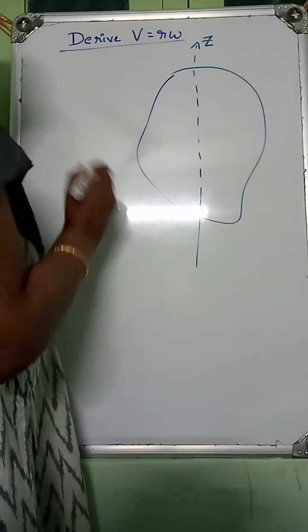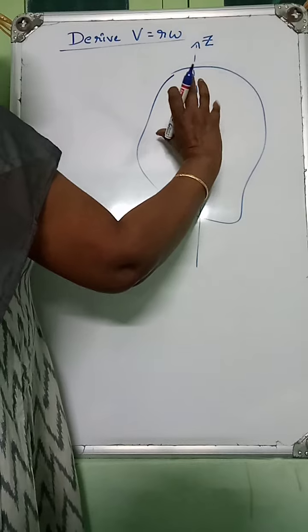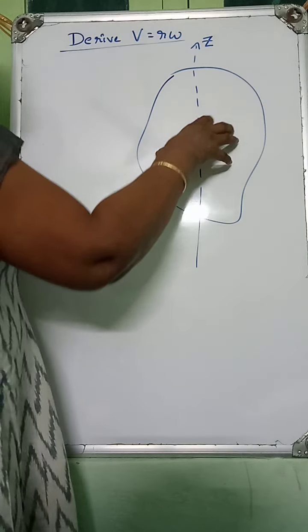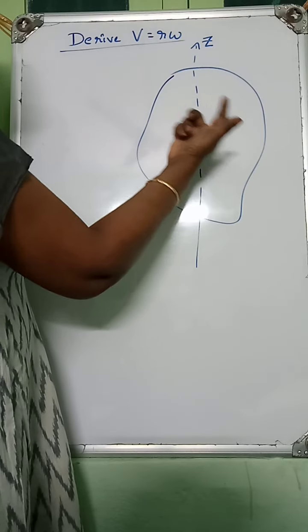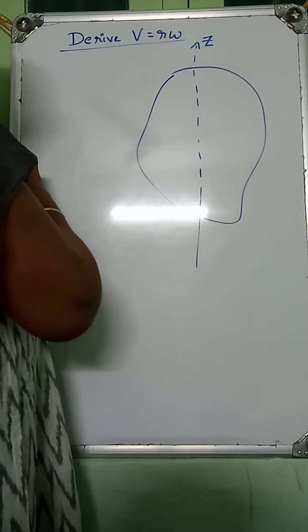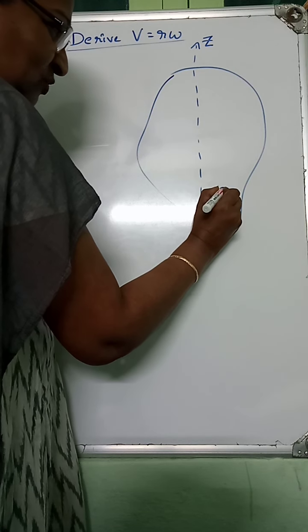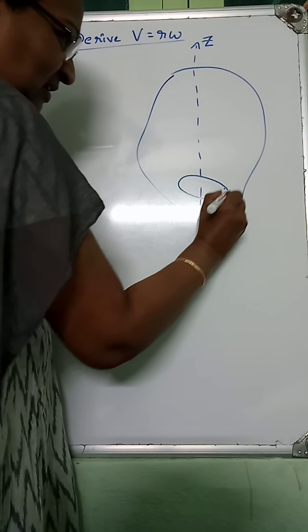Now, if the object is in pure rotation, each and every particle in this body moves in the circumference of a circle. For example, if you take a particle of mass m here, it moves along the circumference of a circle of radius r.